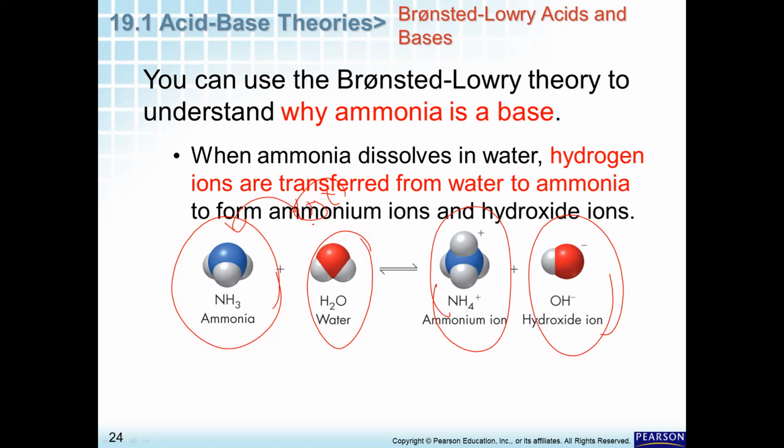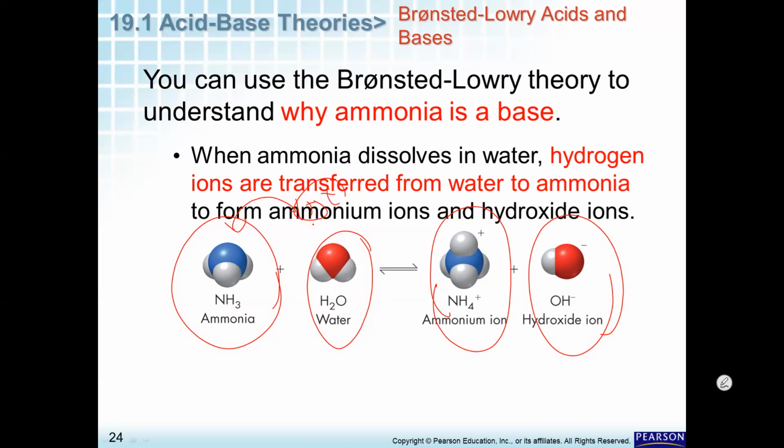So according to the new theory, which is Bronsted-Lowry, when we have acids and bases, usually they should be combined together. So we have an acid and we have a base, and they react with each other. One of them is donating hydrogen, the other one is accepting a hydrogen.